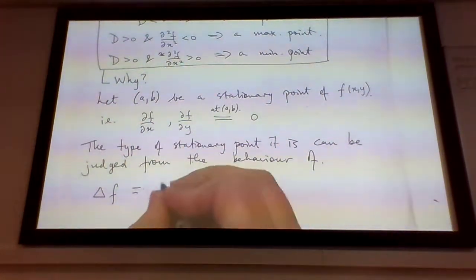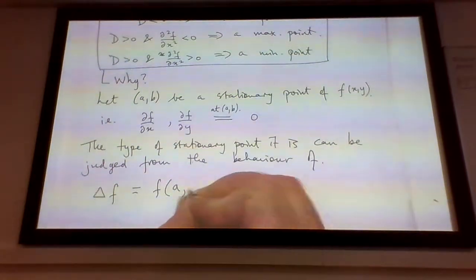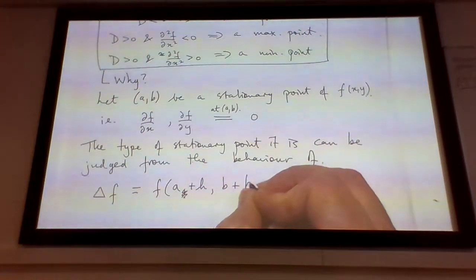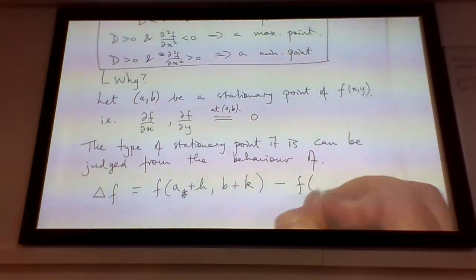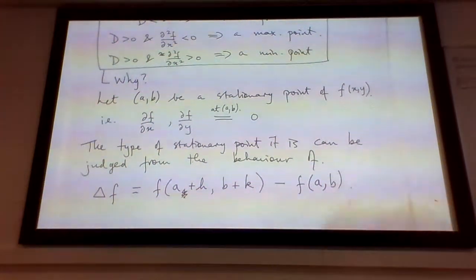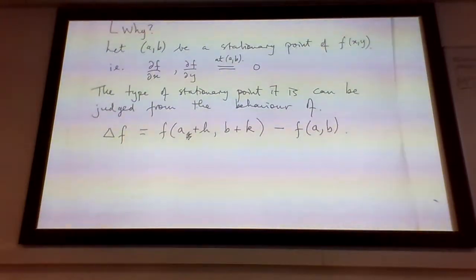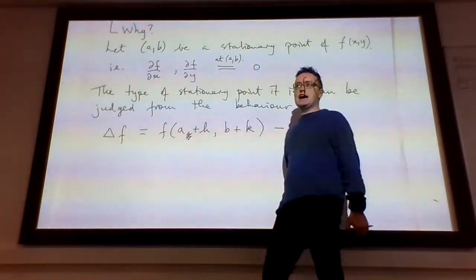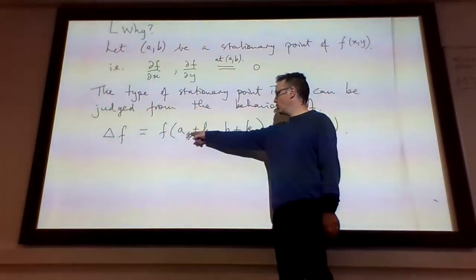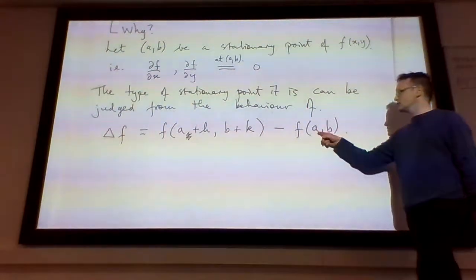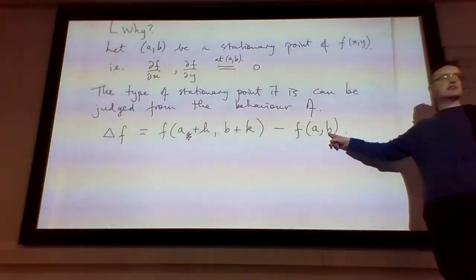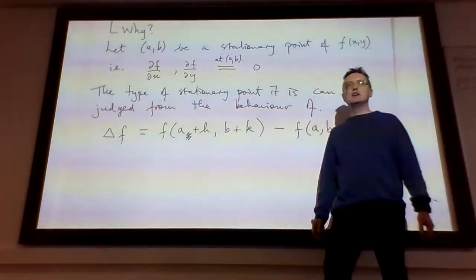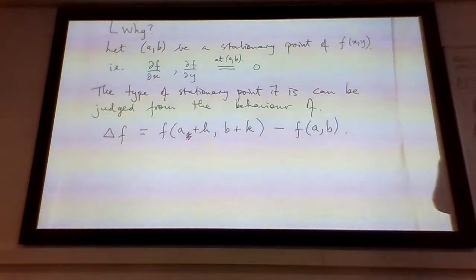So delta f, when you look at the function f evaluated at a nearby point, so (a + h, b + k), and compare that with how it behaved at (a, b). And we recognize that kind of construction. This is the delta f. So looking at the value of the function at a point which is nearby to the stationary point (a, b) that we found. So the new x coordinate is a plus a little bit h, and the new y coordinate is b plus a little bit k.